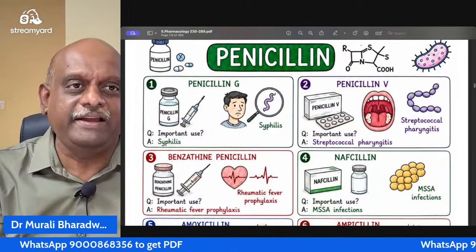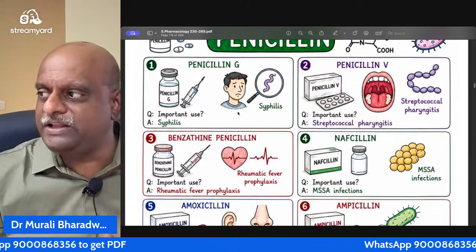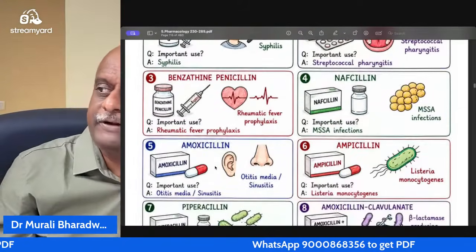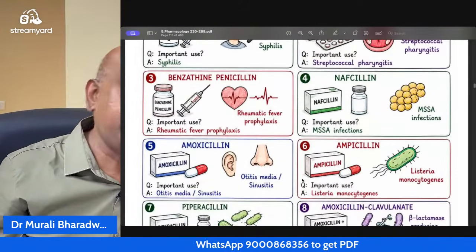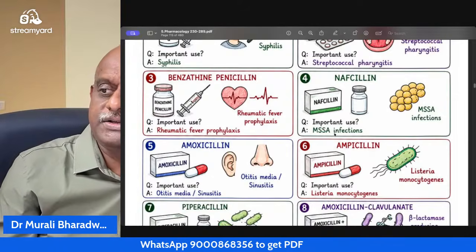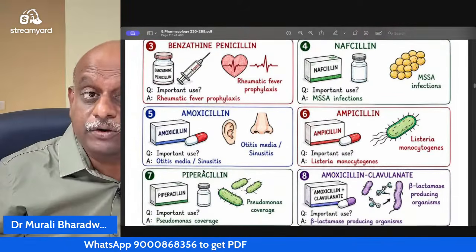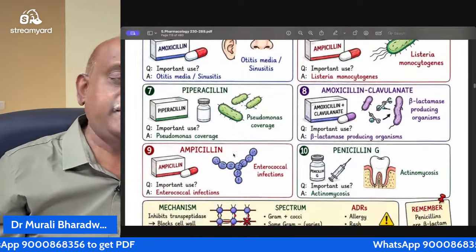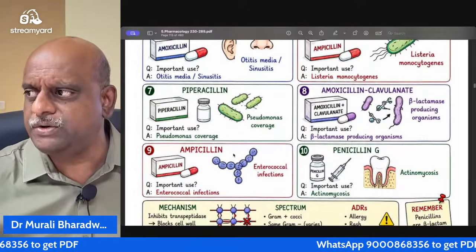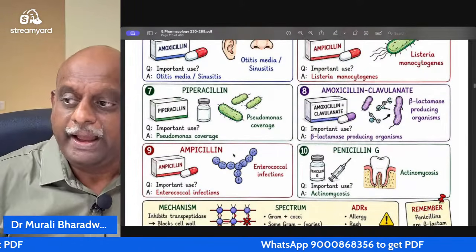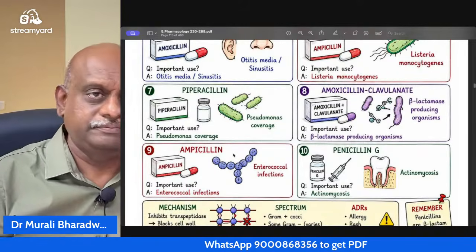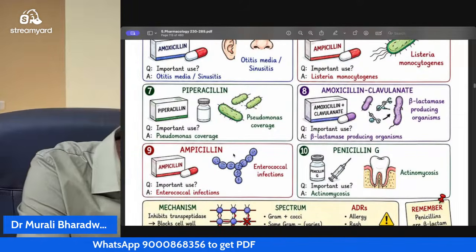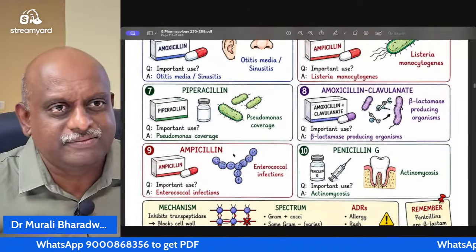Then penicillin V for streptococcal pharyngitis, benzathine penicillin for rheumatic fever prophylaxis, nafcillin for methicillin-sensitive Staphylococcus aureus, amoxicillin for otitis media and sinusitis, ampicillin for Listeria monocytogenes, piperacillin is anti-pseudomonal, and we combine ampicillin with gentamicin, aminoglycoside plus penicillin.